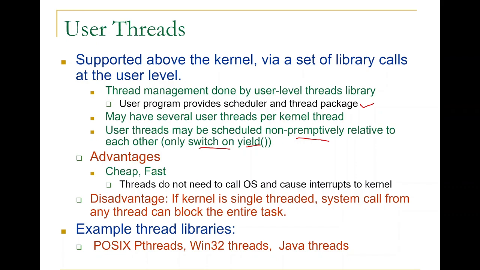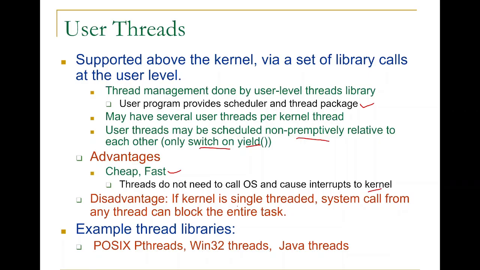The advantage of user threads is that they are cheap and fast. We don't need so many memory and file resources for user threads. Threads do not need to call the operating system and cause interrupts to the kernel. That's the advantage.